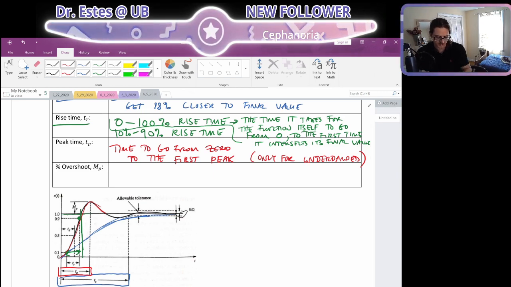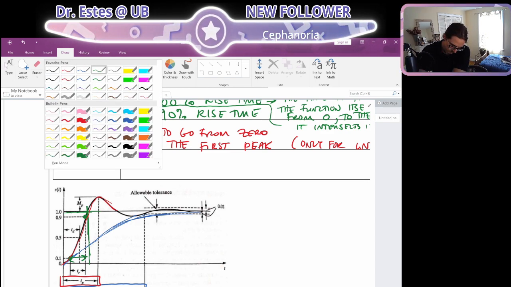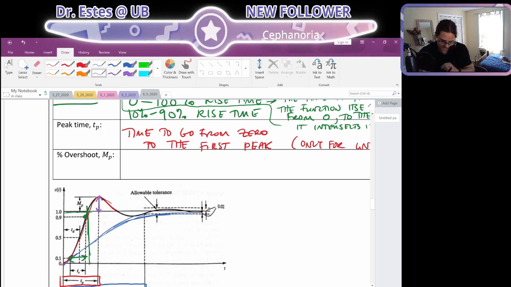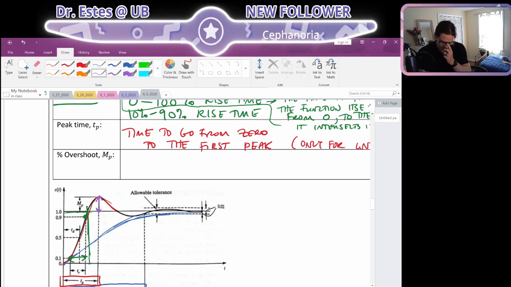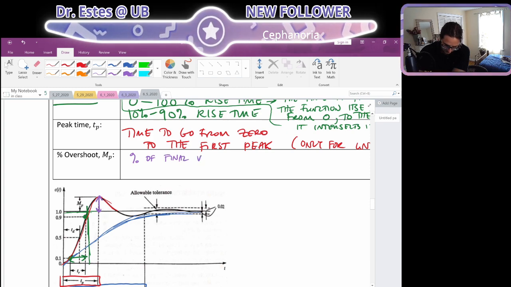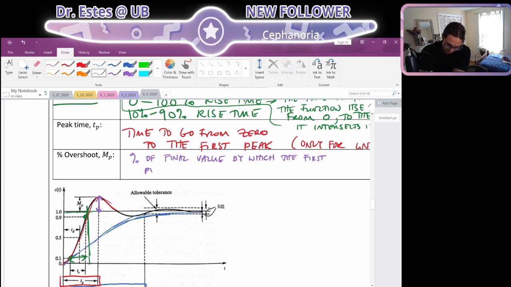Okay, the percent overshoot. That's right here. So this is the percent of final value by which the first peak, percent of final value by which the first peak.